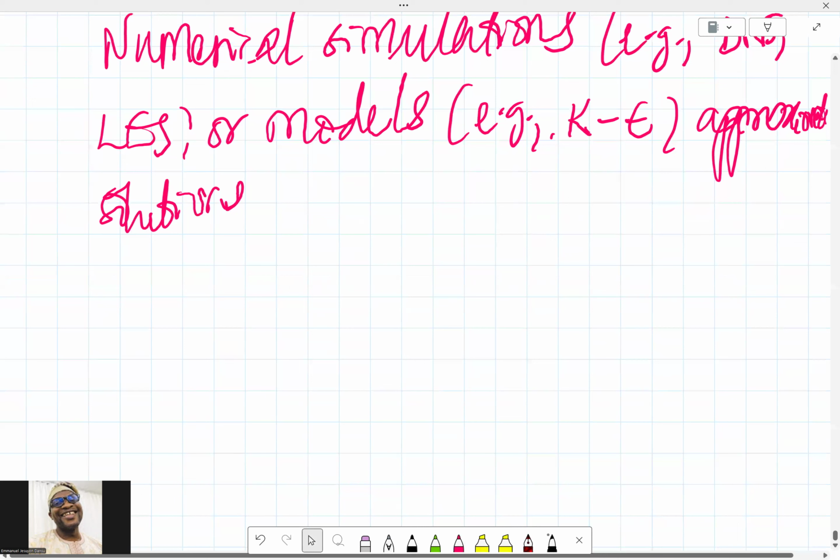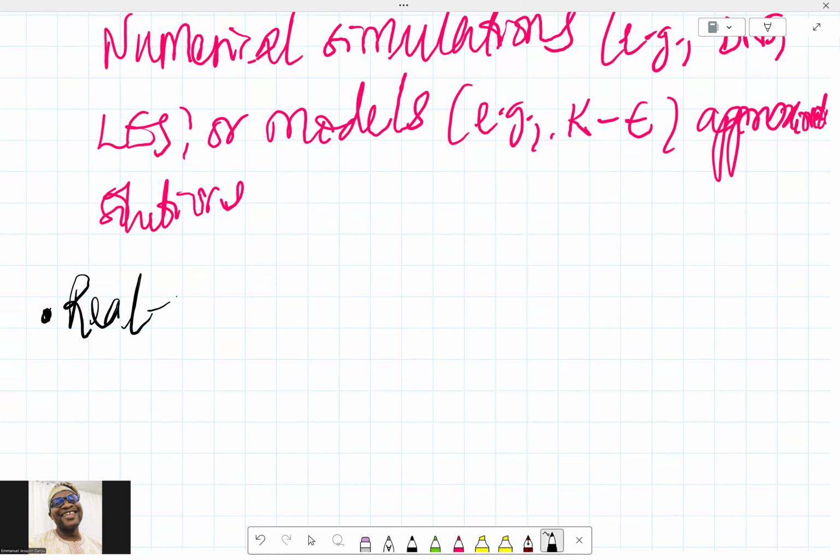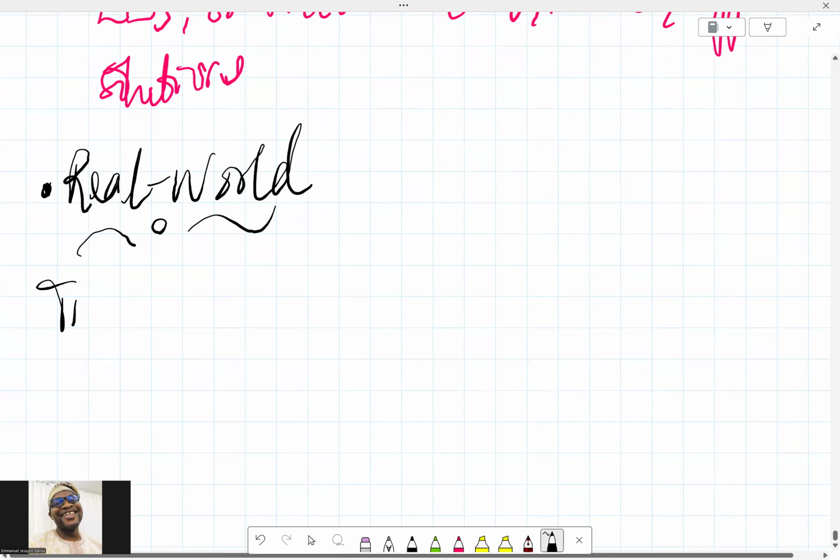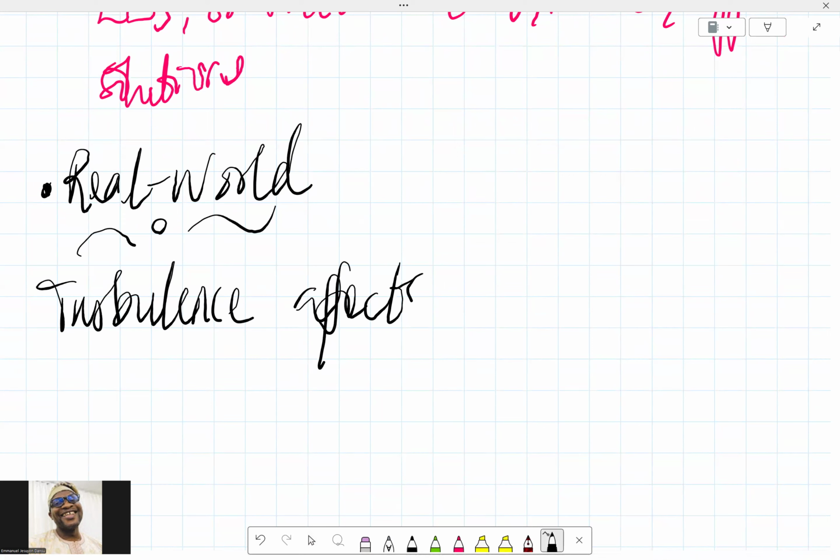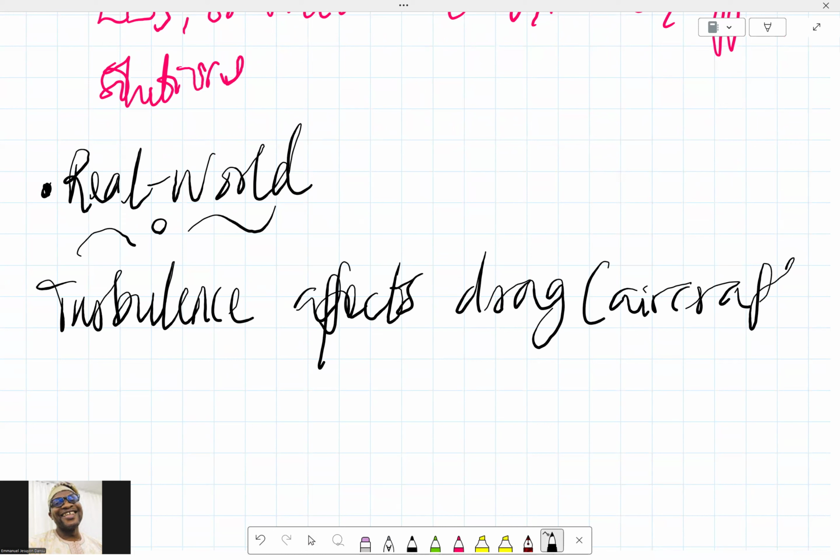So with that done, let's go for in real world now. We have the fact that turbulence affects drag, like we see in aircraft.